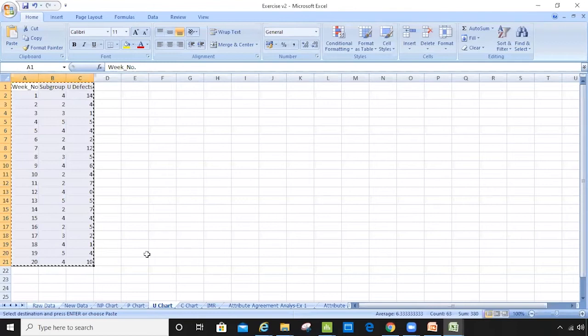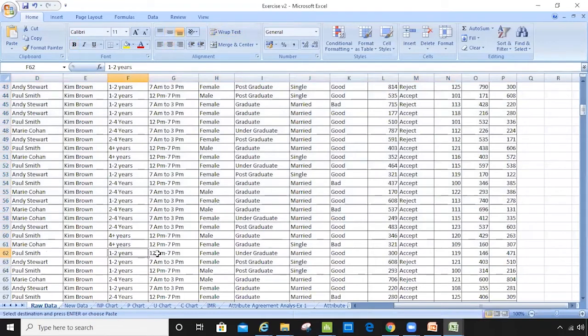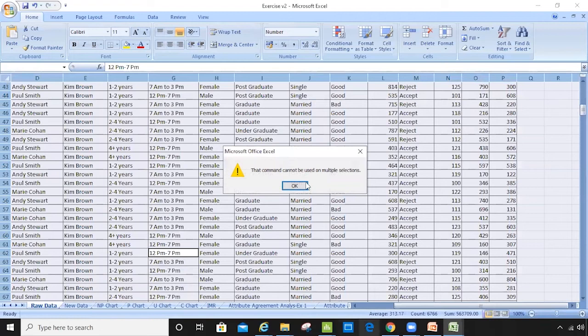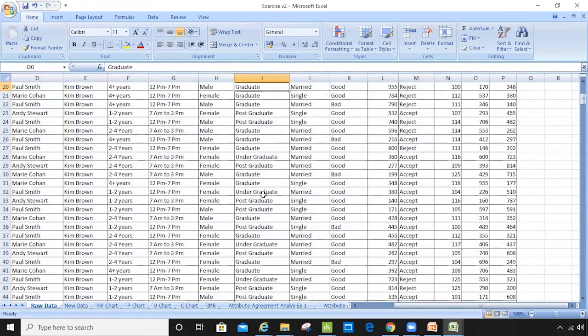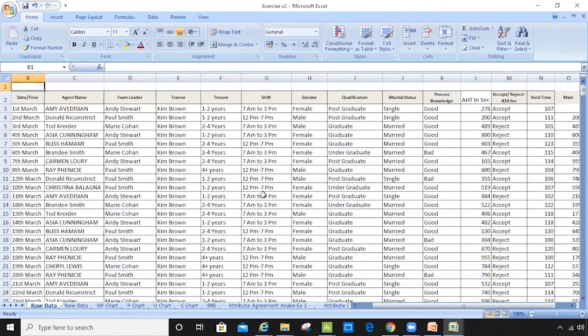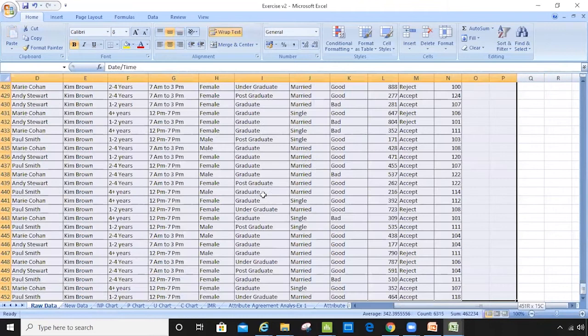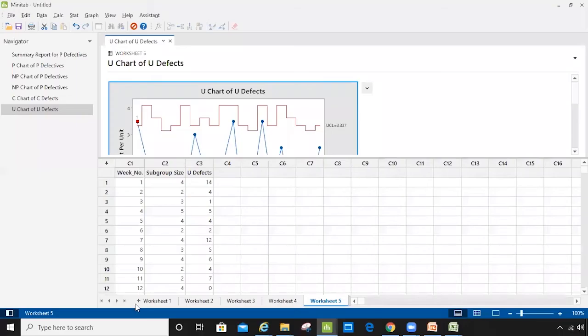I have some data that I'm going to consider to prepare the IMR chart, which is called the individual moving range chart. I'll click this data, copy it, and paste it on Minitab.